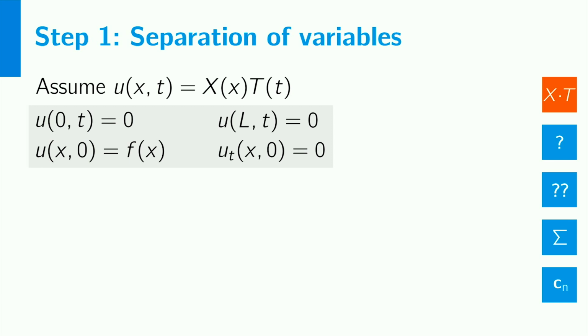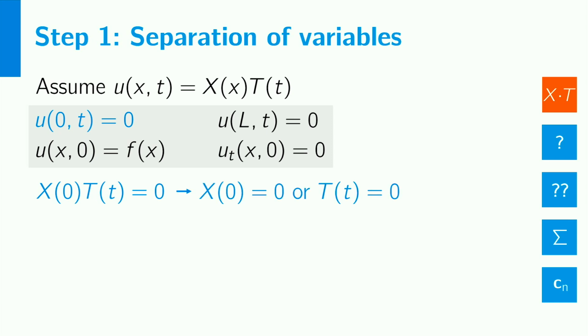Separate the homogeneous conditions. The first condition can be rewritten as X at 0 times T of t equals 0. When a product equals 0, one of the factors has to be 0. So either X at 0 or T of t is equal to 0. The second option is not a practical one, because then u would be 0 for all t, a trivial solution.